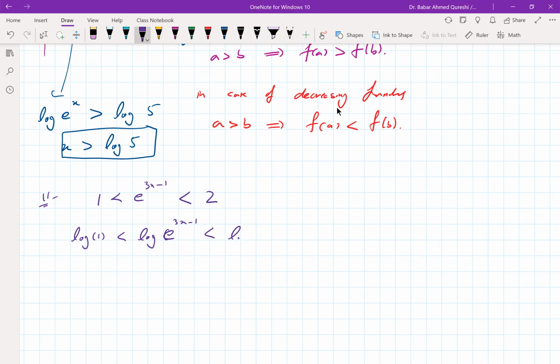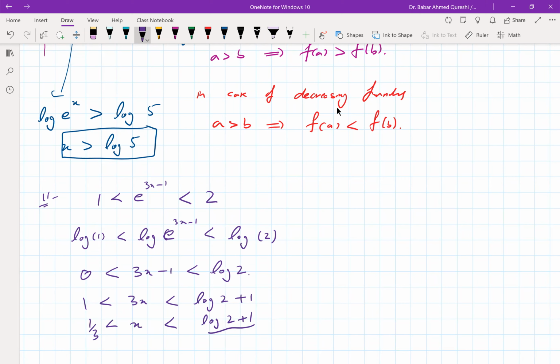And the inequality signs remain, because log is increasing, and log of 1 is 0. So 3x is bigger than 1 and less than log 2 plus 1. So x is bigger than 1 by 3 and less than (log 2 plus 1) over 3.